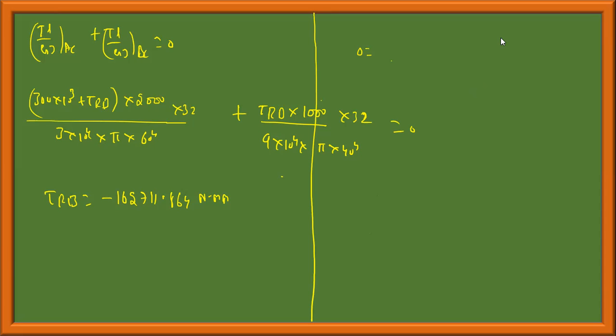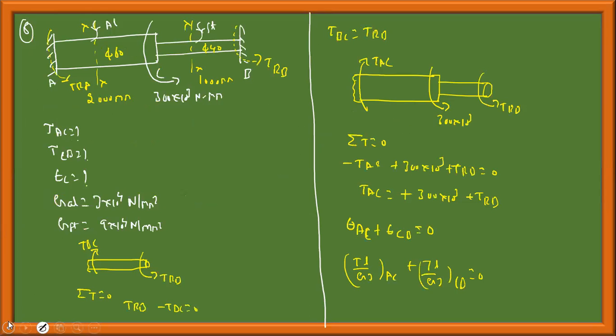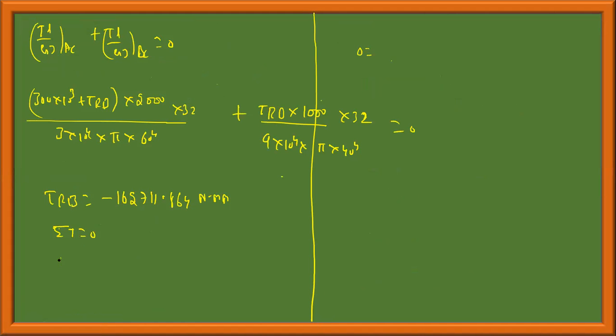TRB is equal to this much, but for equilibrium, the summation of torque should be equal to 0. That is TRA plus 300 into 10 power 3 plus TRB must be equal to 0.